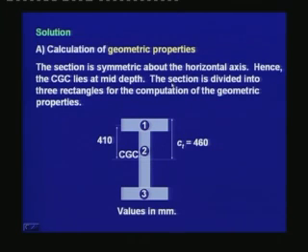The section is divided into 3 rectangles for the computation of the geometric properties. From the CGC, the centroid of the top rectangle is at a distance 410 millimeters. The top fiber and the bottom fiber are at a distance of 460 millimeters from the CGC. Remember that this section is symmetric about the horizontal axis passing through the CGC.